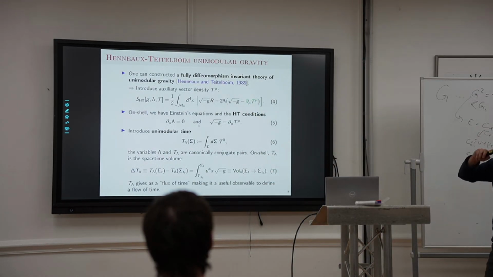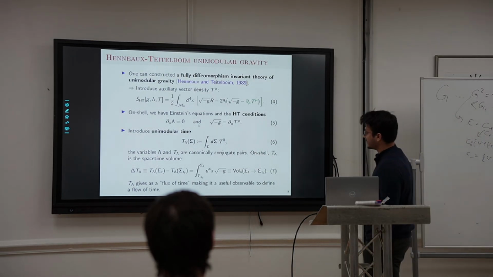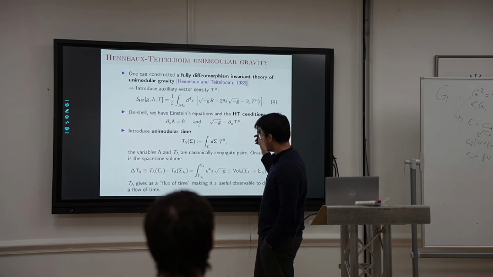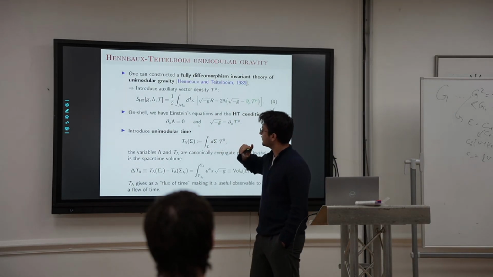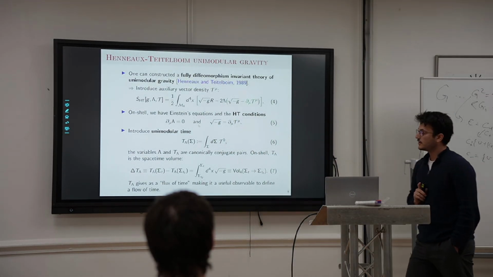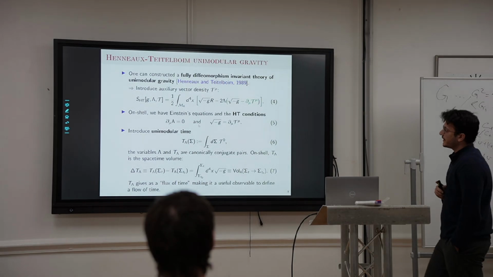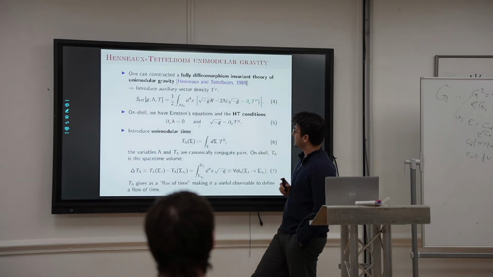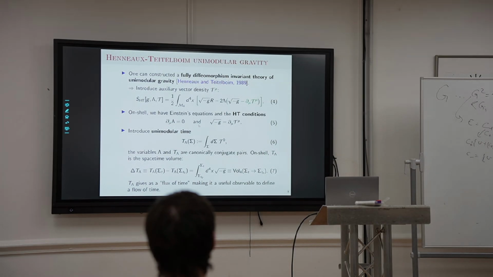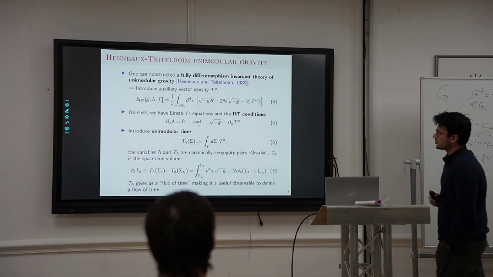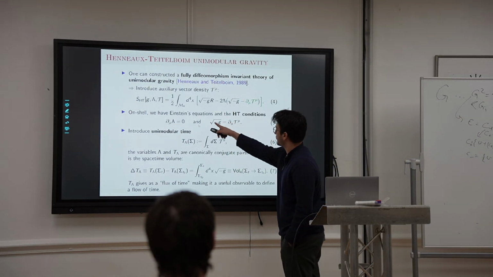You can actually show that these equations are equivalent to Einstein's general relativity on shell, supplemented by the fact that this lambda, you make it an on-shell constant. However, it's an off-shell variable, and you impose this square root g equal ∂_μ T^μ, the unimodular condition. So this will turn out to be very important.